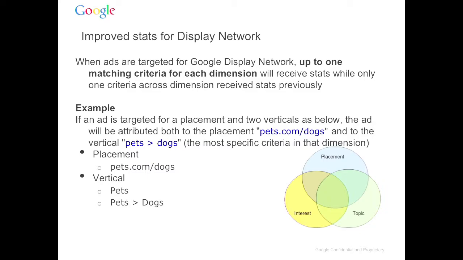So we're going to attribute one impression to the placement and one impression to the vertical that matches more specifically to the user intent. So we're going to attribute, in this case, the impression to pets, dogs. So that's how it works. It might happen that you have multiple criteria of the same type that are matching. We're going to attribute it to the one that's more specific. In this case, pets, dogs.